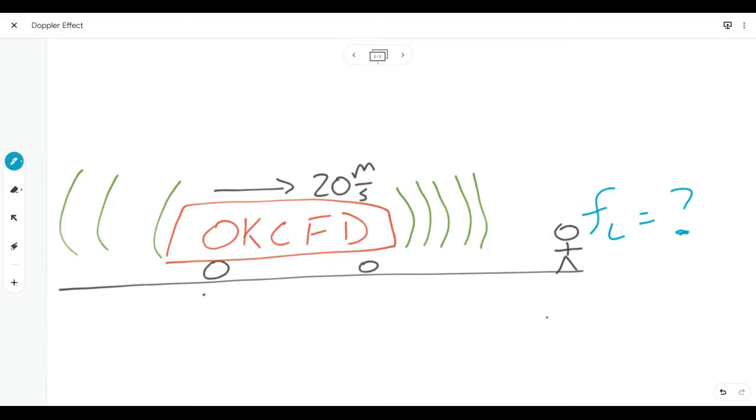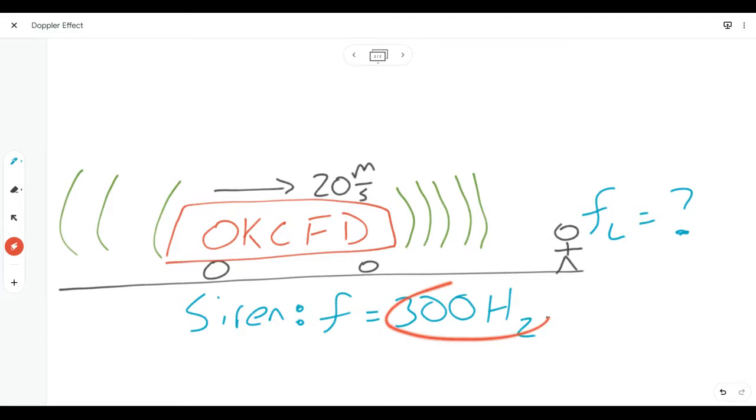Let's say that the siren emits a frequency of 300 hertz. So if nobody was moving, you would hear 300 hertz. But because you're standing in front of the truck, you're going to hear a higher pitch. And we can use the Doppler effect equation to calculate what pitch that would be.